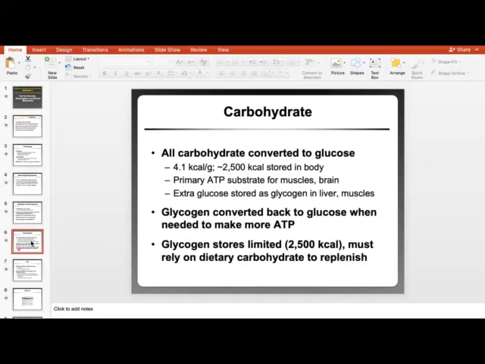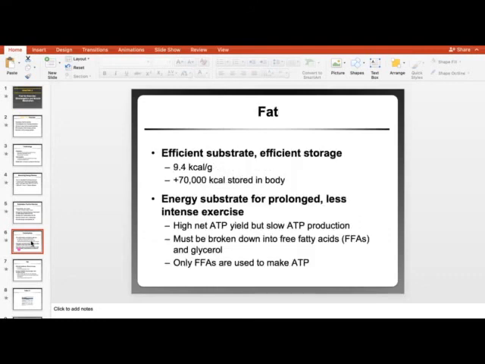Now, if I don't have muscle glycogen or glucose, then your body is going to want to use those 70,000 kilocalories plus stored in your body. And it says plus there because there really is no limit to the amount of fat that an individual can store under their skin. I'm sure that you've seen television shows like My 600-Pound Life or 1,000-Pound Sisters.